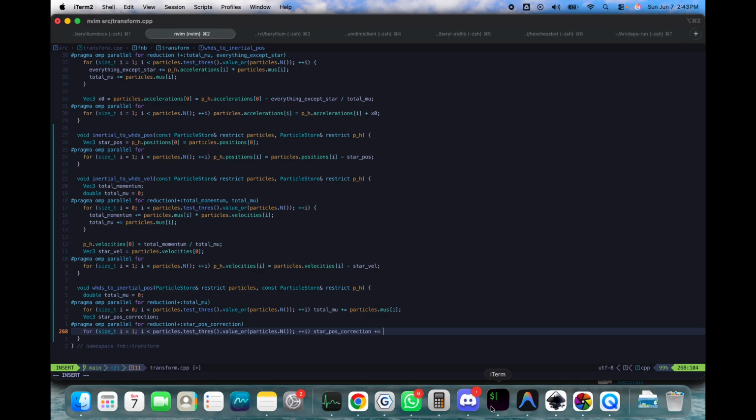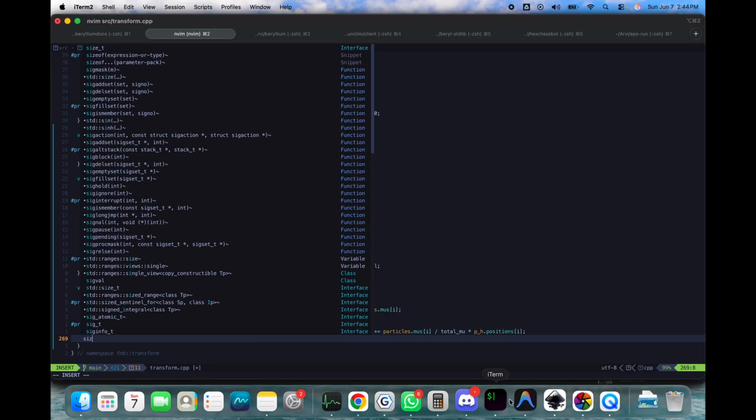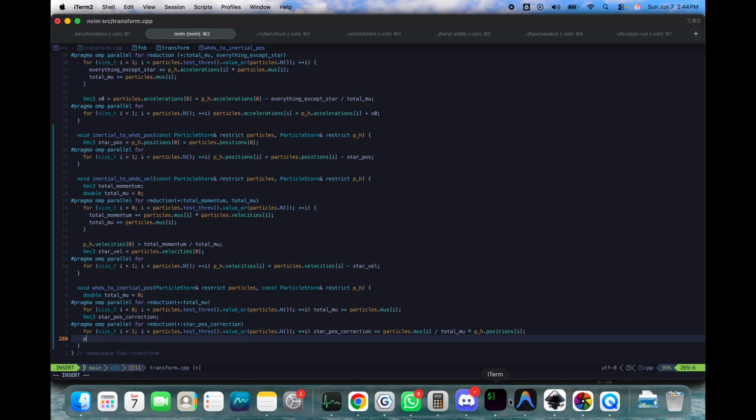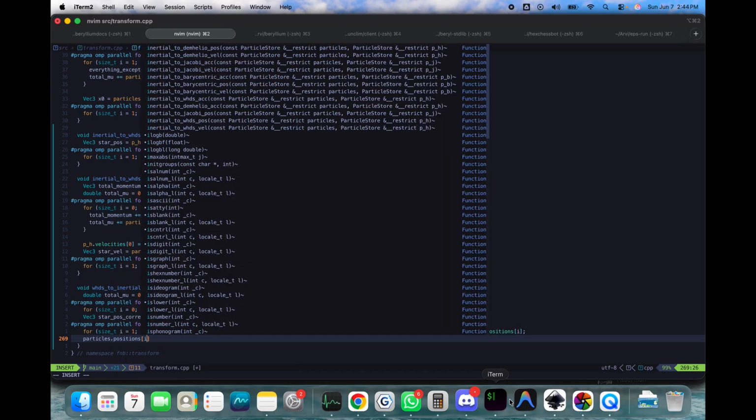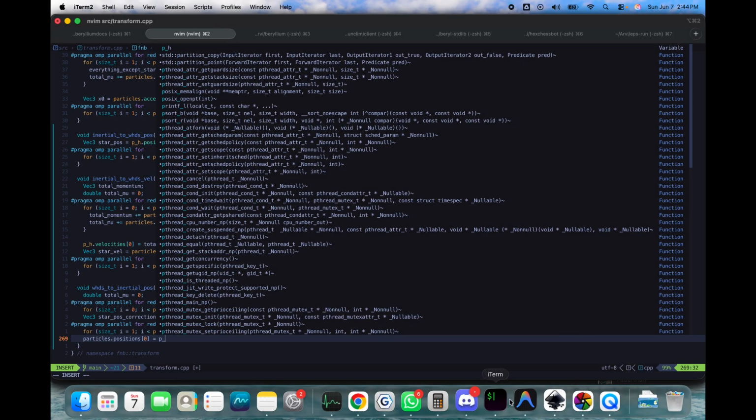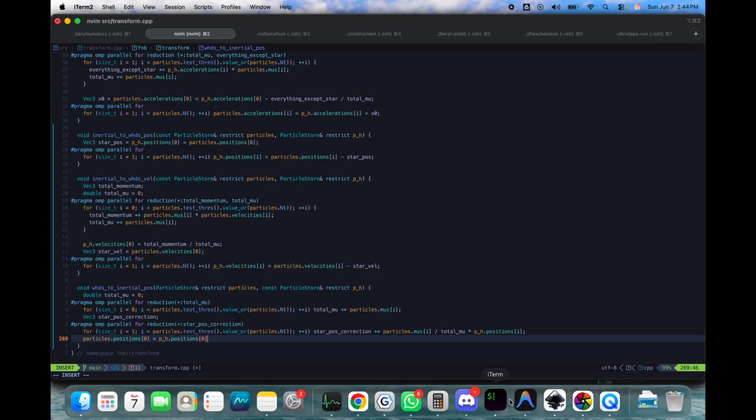So we have particles.mu's index I divided by total mu times ph.positions index I. And now we have particles.positions index I, index 0 should equal ph.positions index 0 minus star pos correction.